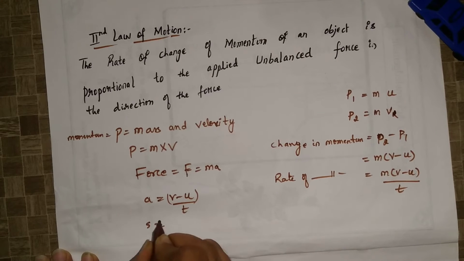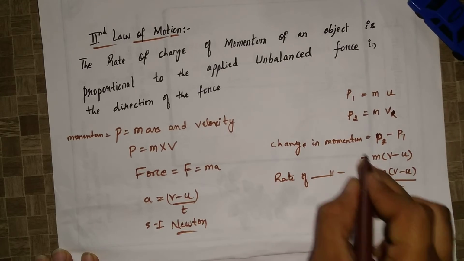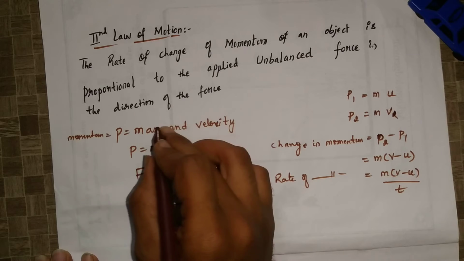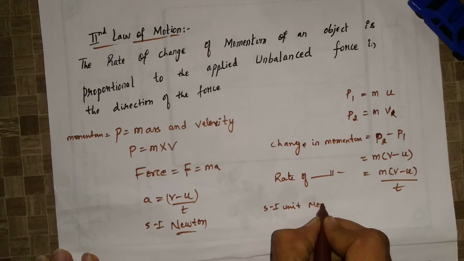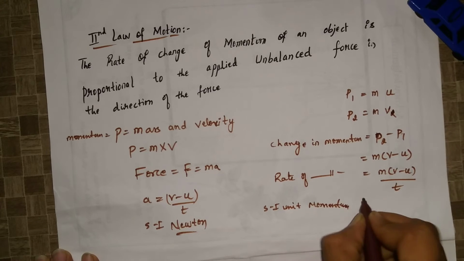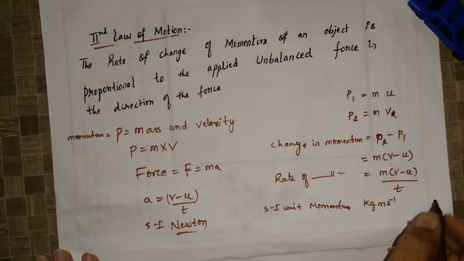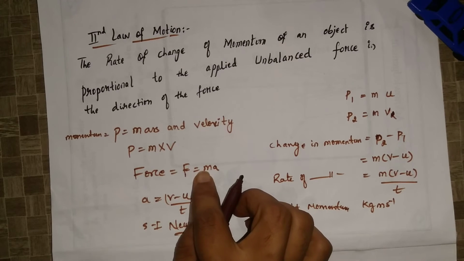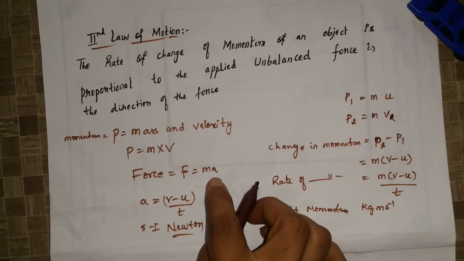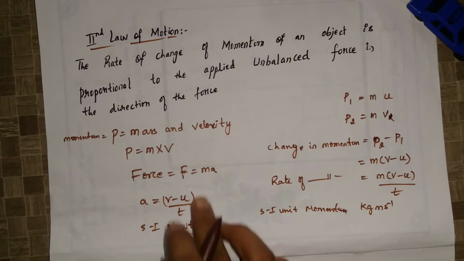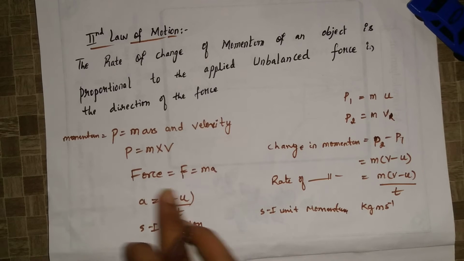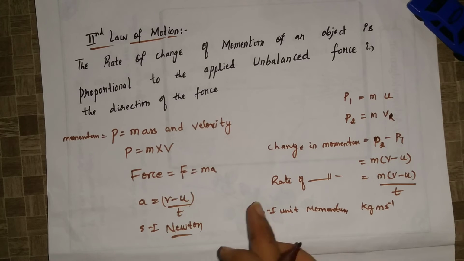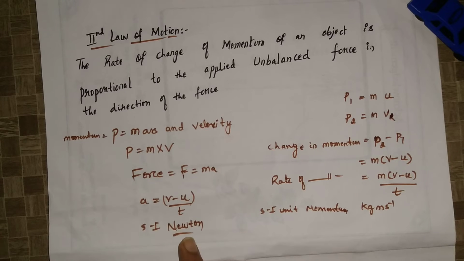The SI unit of force is Newton, and the SI unit of momentum is kg meter per second. The SI unit of mass is kg, and acceleration is meter per second square. Hence the SI unit of momentum is kg meter per second, and the SI unit of force is kg meter per second square. Instead of that, we write Newton, N.